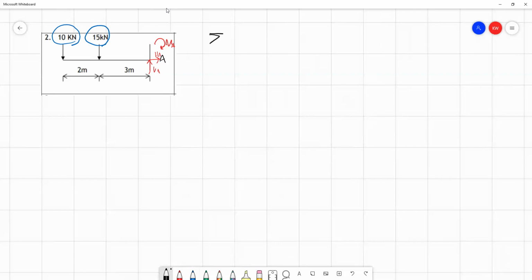So the sum, sigma, of all the vertical forces is 0, which means 10 plus 15 are 2 downward forces minus VA, the upward force. In fact, I should do that with the correct directions. VA is acting up, that's positive. Minus 10 minus 15 is equal to 0.